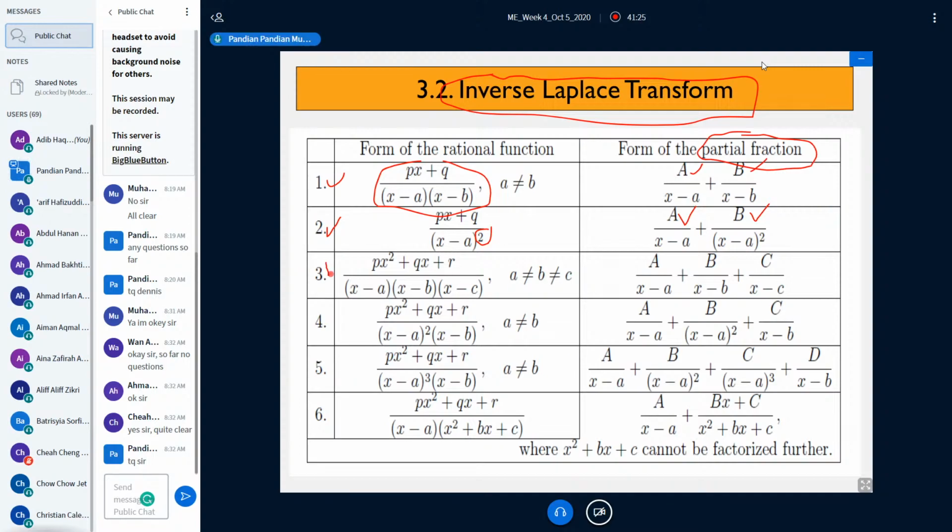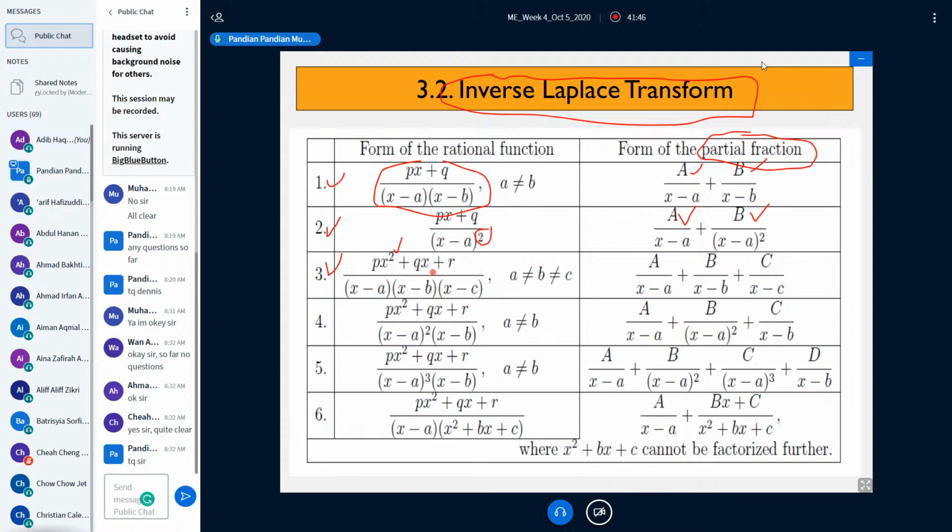So number 3, you must memorize these 6 formulas, class. Number 3, px squared plus qx plus r. This is a numerator. The x is power 2. Divide by the denominator x minus a, x minus b, x minus c.